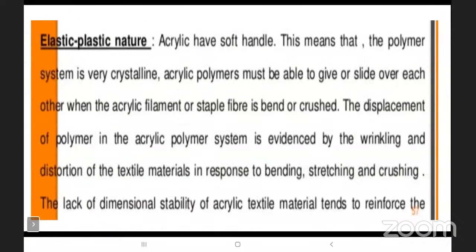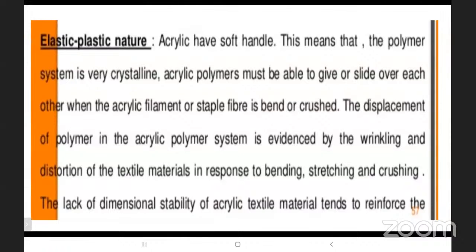So next, elastic plastic nature. Acrylic has a soft handle. This means that the polymer system is very crystalline and acrylic polymers must be able to give or slide over each other when the acrylic filament or staple fiber is bent or crushed.